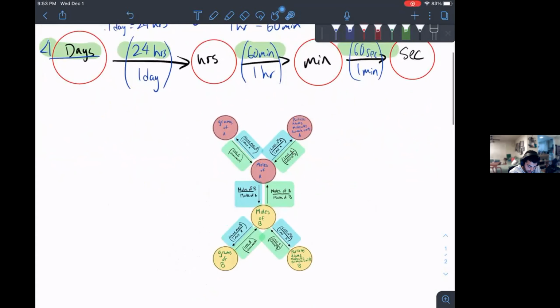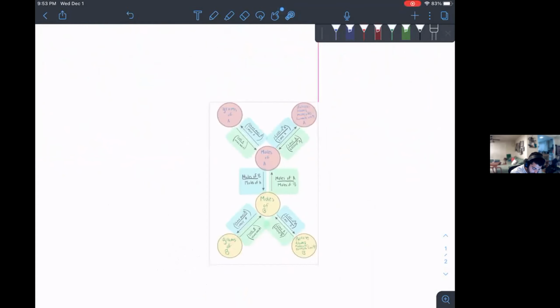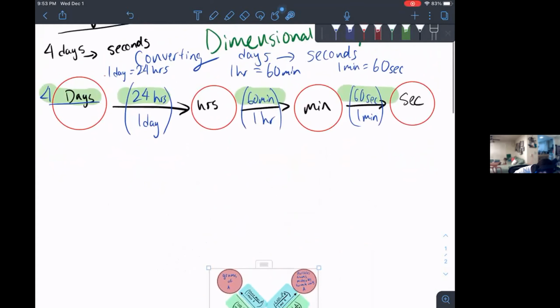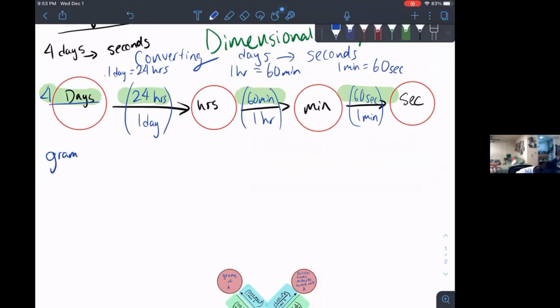So I'm going to go ahead and take my mole island. I'm going to move it out of the way. And if we want to, for example, convert grams A to grams B, we're going to do dimensional analysis just like we did with days to hours.